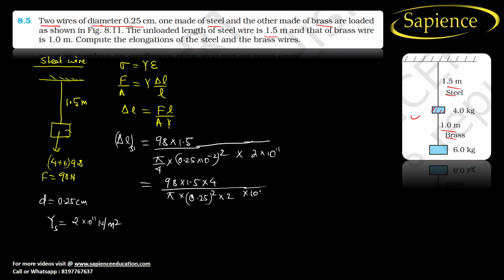When we calculate this, we will get the value equal to 1.49 into 10 to the power minus 4 meter. So this is the elongation of the steel wire.